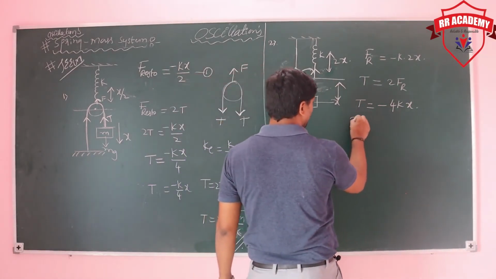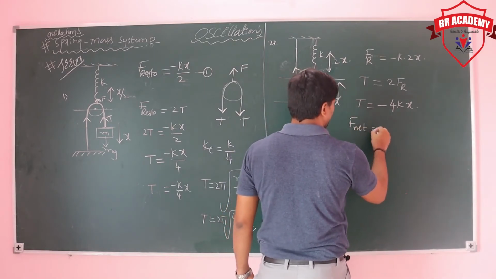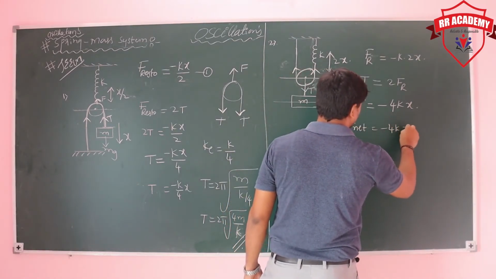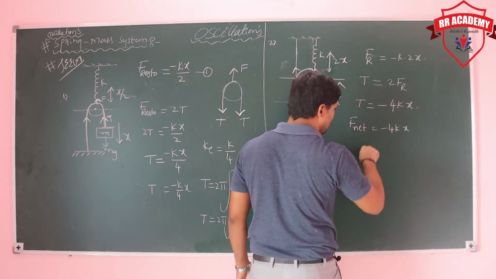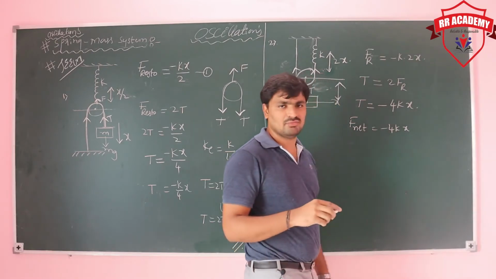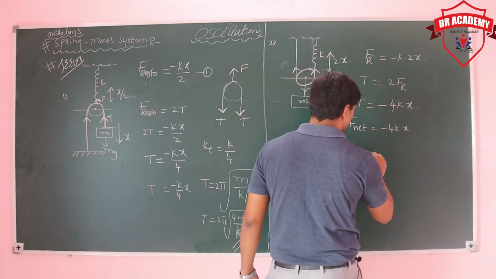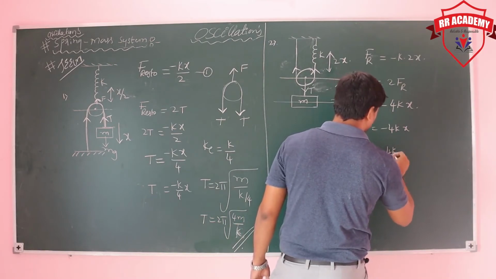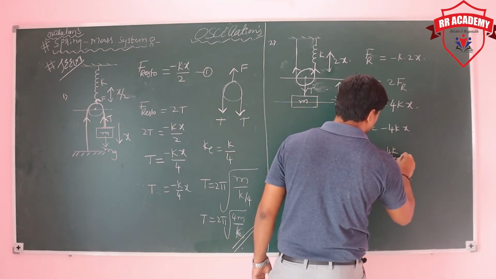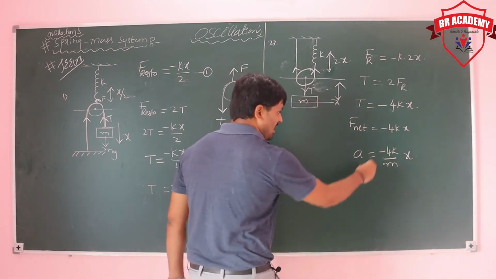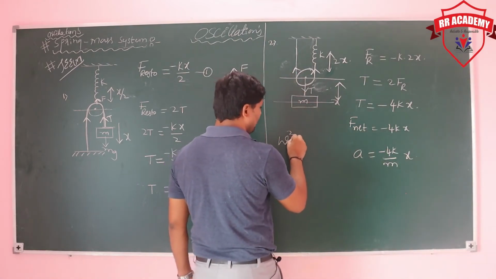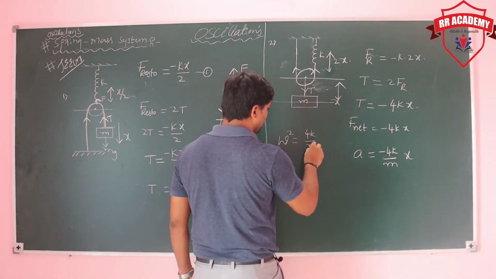The net force is equal to minus 4kx. Net force is nothing but mass into acceleration. Then acceleration is equal to minus 4k by m into x. And this 4k by m is nothing but omega squared.